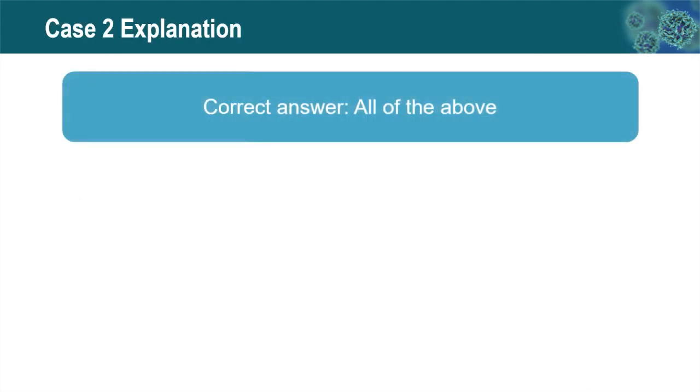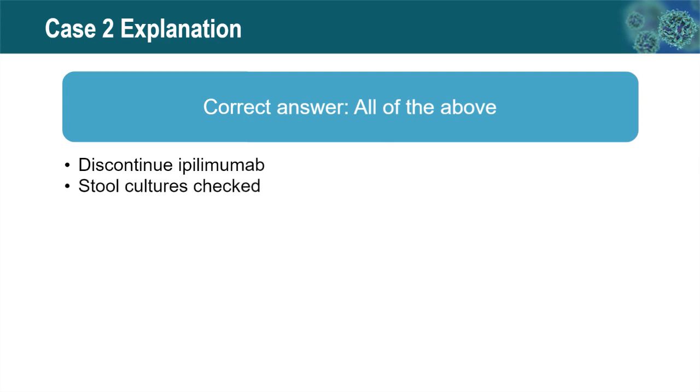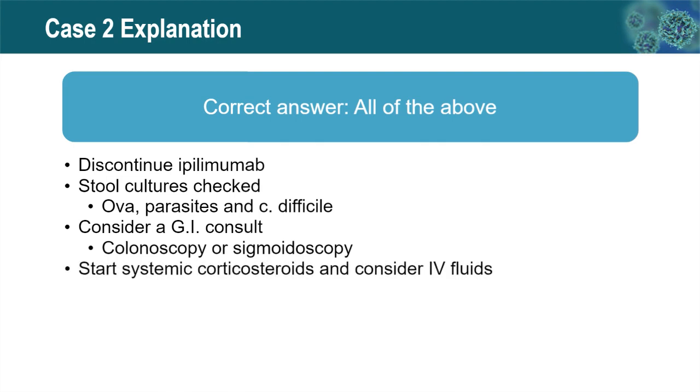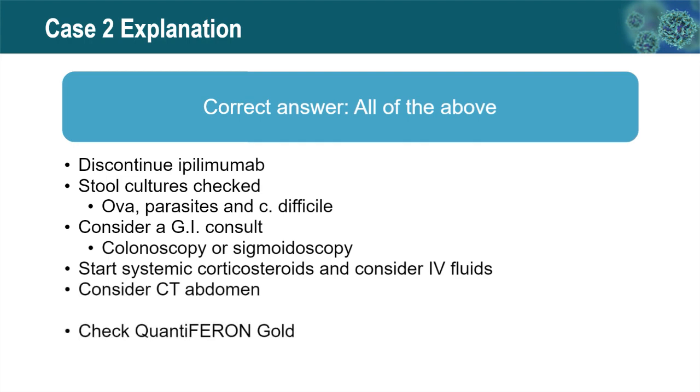In this case, the answer is F, meaning that this patient should discontinue ipilimumab. Stool cultures, including ova and parasites and C. difficile, should be checked. One should consider a GI consult for completion of a colonoscopy or sigmoidoscopy with colon biopsies and rapid review, start systemic corticosteroids, consider IV fluids, consider a CT abdomen, and check a quantiferon gold.